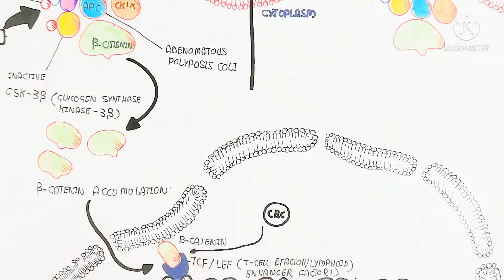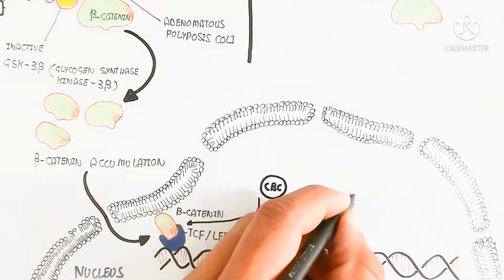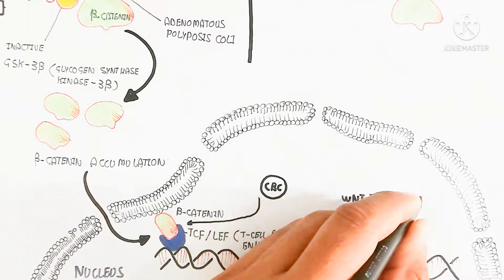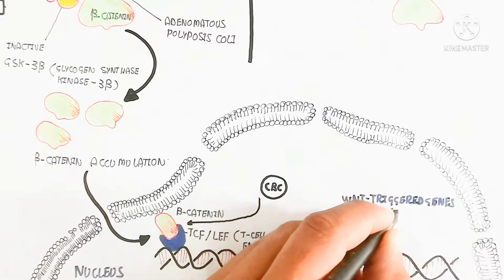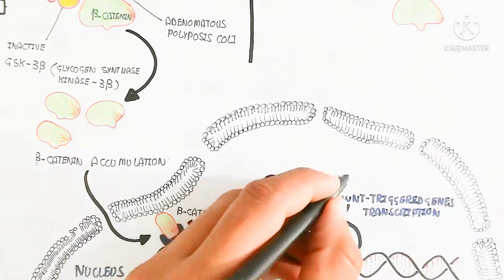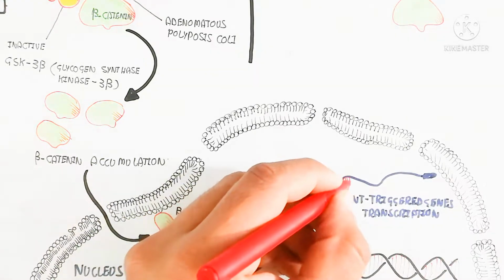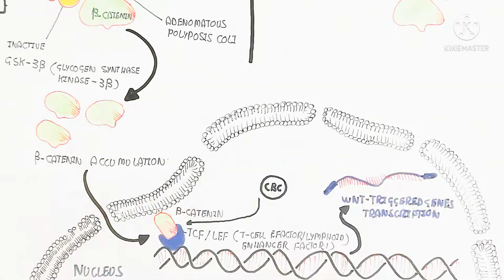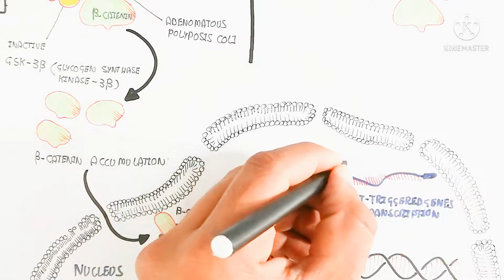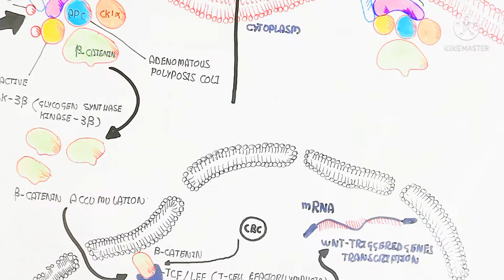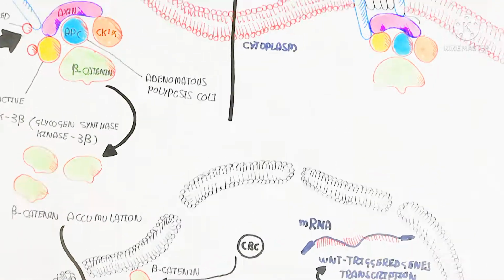After transcription produces messenger RNA, it is known as transcription. The DNA will produce the messenger RNA through this mechanism, because the beta-catenin is triggering the production of messenger RNA on the basis of requirement. This messenger RNA will go outside from the nucleus into the cytoplasm.